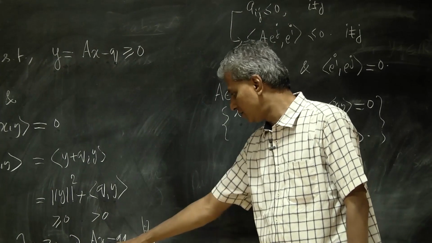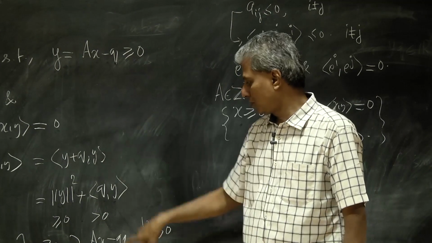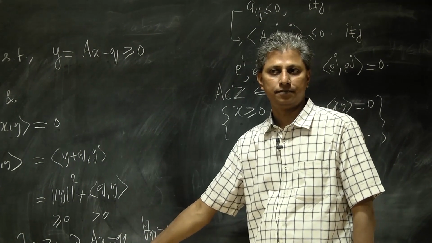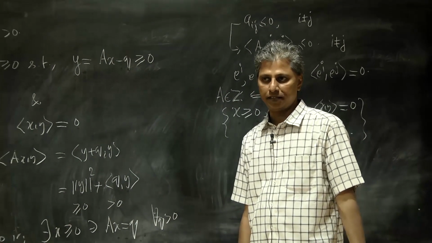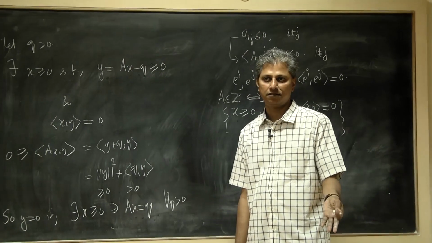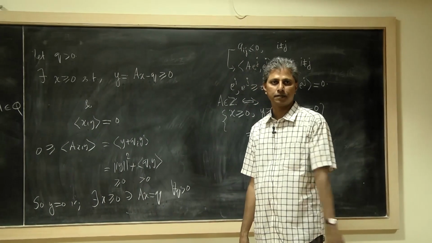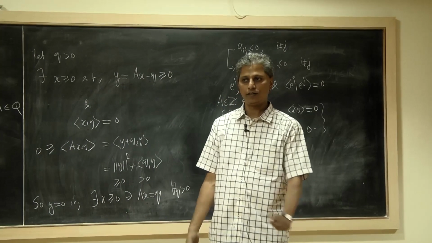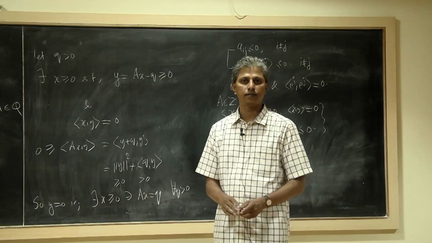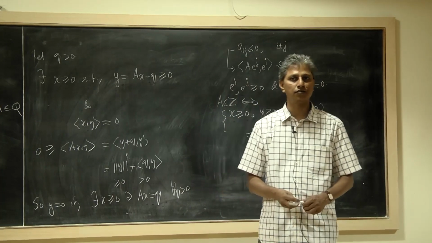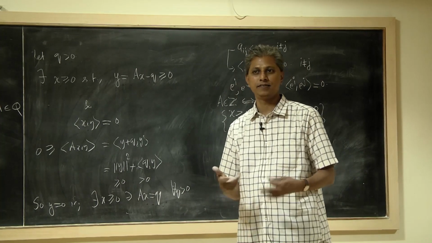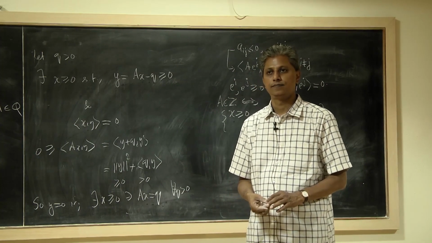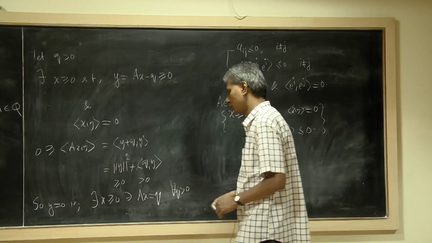Another way is: q is positive, so interior Rn plus is contained in the range of A. I have a subspace which has interior, so it can't be a proper subspace. It must be the whole space. So A is invertible. So either way you get this conclusion that A is invertible. A subspace in general, even in infinite dimensions, it's true: interior is contained in a subspace if and only if the subspace is the whole space.